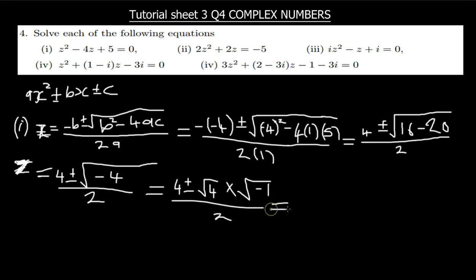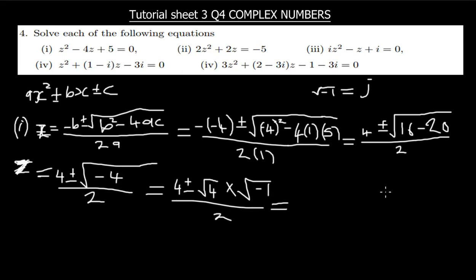So remember what we said in question 1 in this tutorial sheet, if you have watched it, we said the square root of negative 1 is nothing but i. So while it's the square root of negative 1, I'll be putting i.